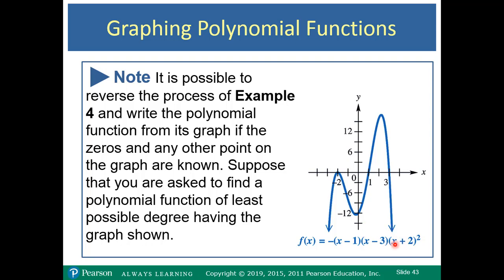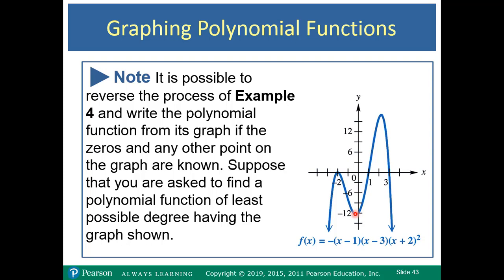But if we just multiply these, we get a positive value. So we're going to have to add a negative to the beginning here. Now, is this -2, -4? Well, we don't know, so we're going to assume just -1. Okay, so this is a possible answer for this graph.